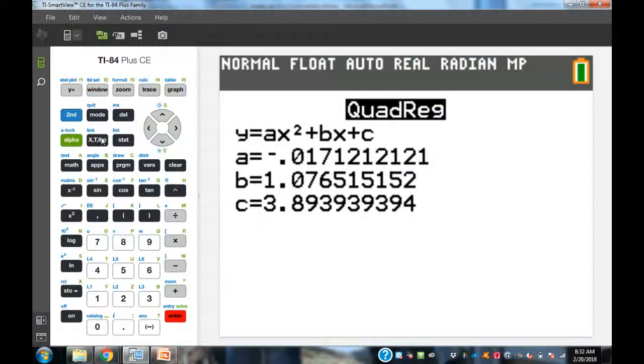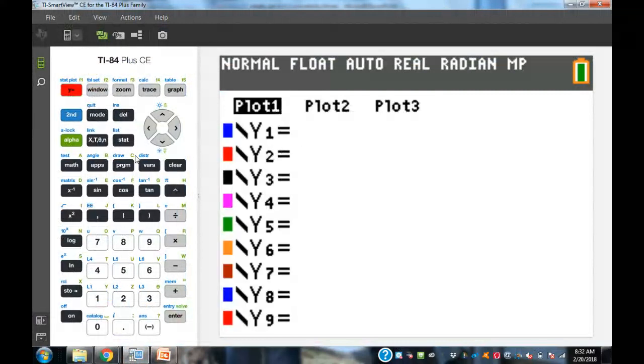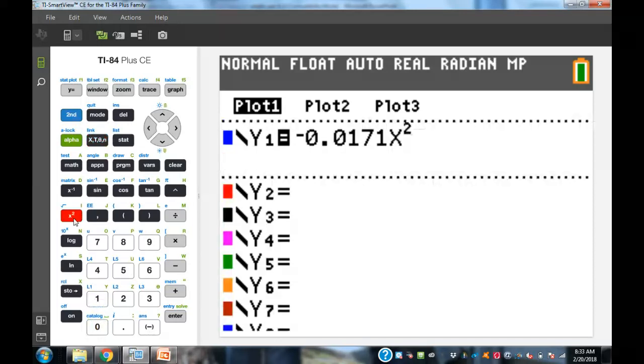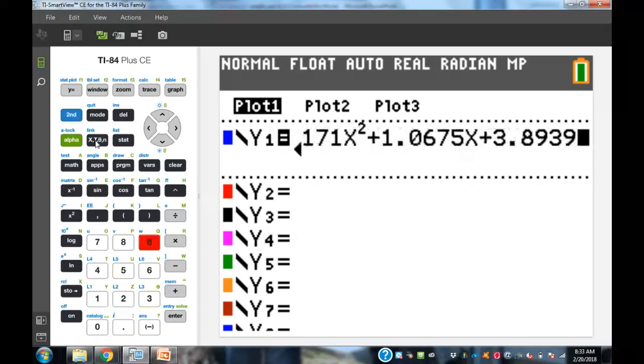So in y equals, I'm going to type in the equation with the rounded values: negative 0.0171 x squared plus 1.0765 x plus 3.8939.